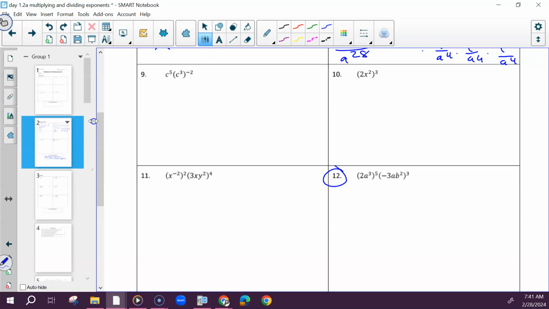So something like 12, we have to remember that the 2 and the a to the third are two separate things, which means 2 has its own exponent, just like in this second set, 3 and a both have their own exponents. If you want to rewrite it so that the numbers are bigger, you can do that.